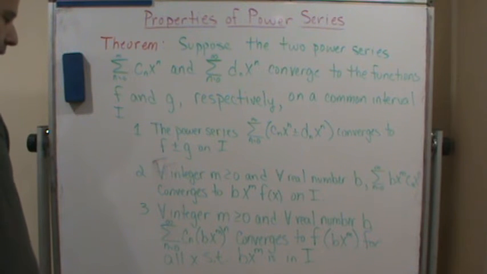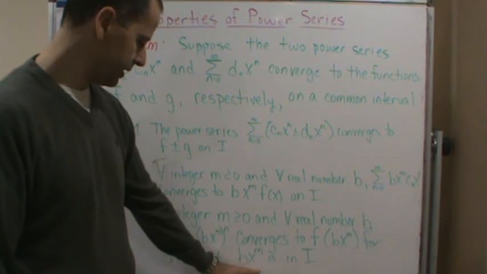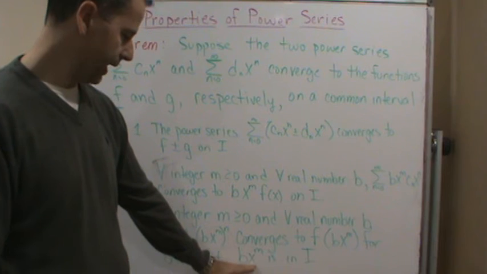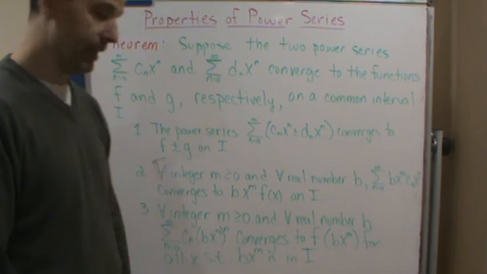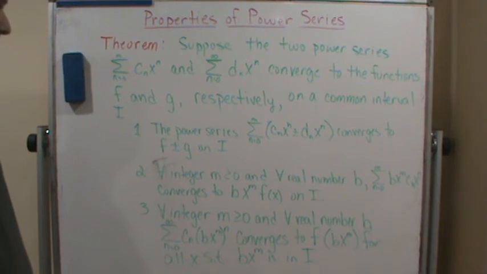Okay? And that converges for all x such that this expression here, b times x to the m power, is in the interval of convergence.